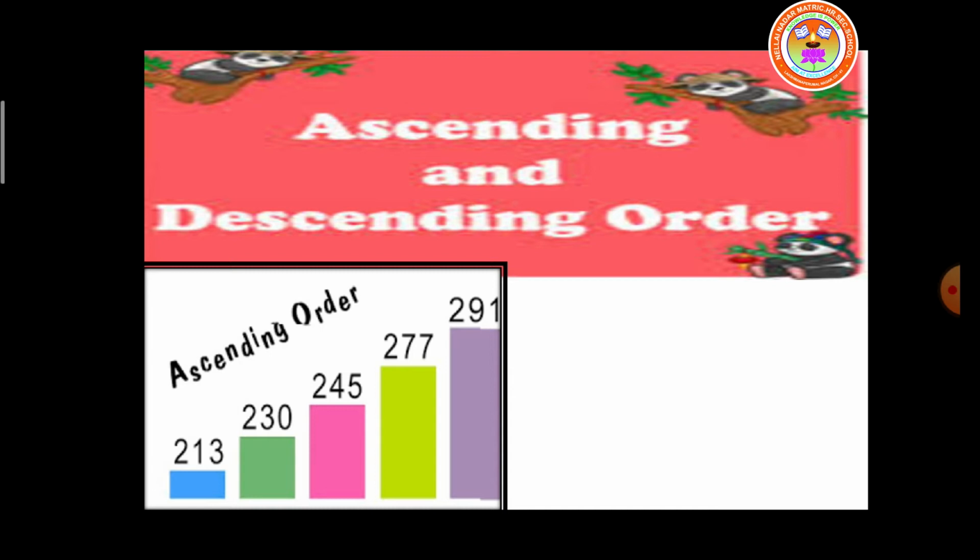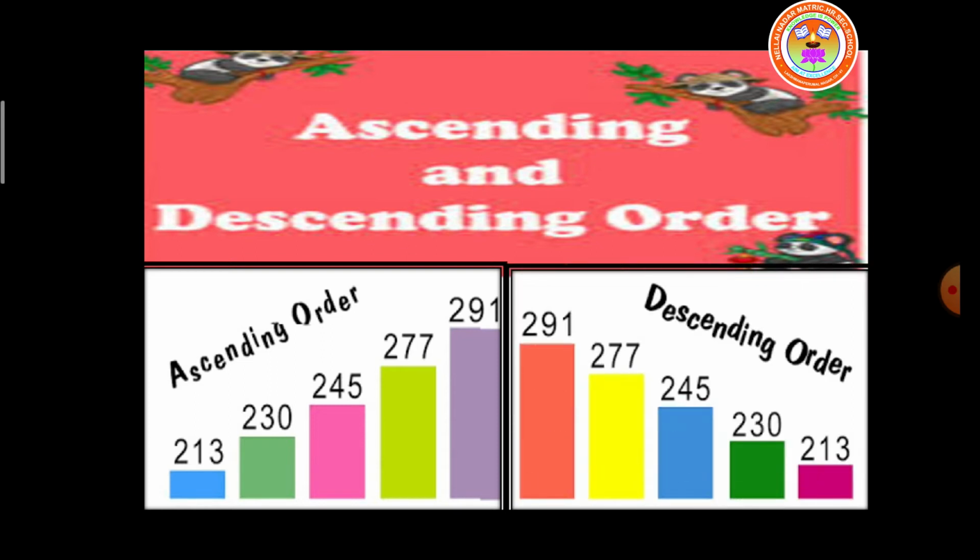Again, I am saying, note down, children. It's an arrangement of numbers from smaller number to bigger number. We have to arrange the numbers from smaller number to bigger number. Then what do you mean by descending order? With the same numbers, how can we arrange in descending order?